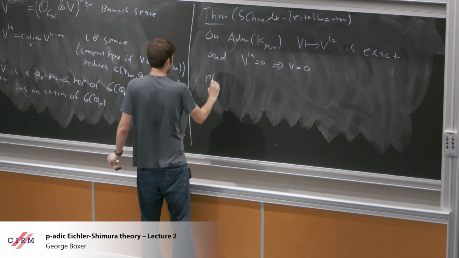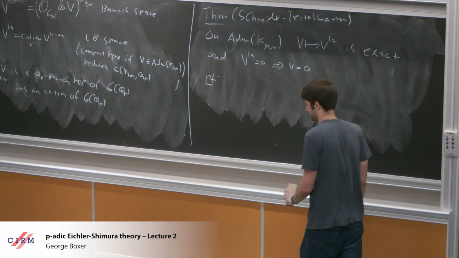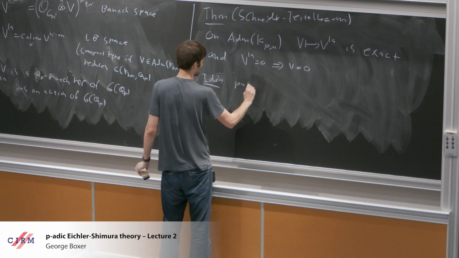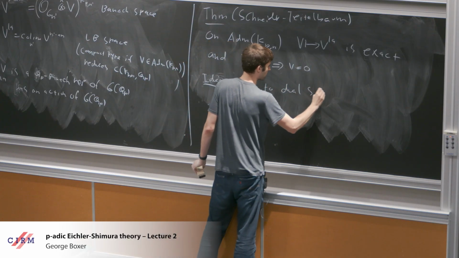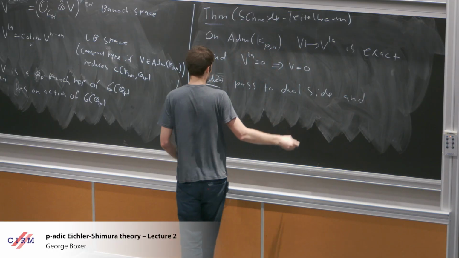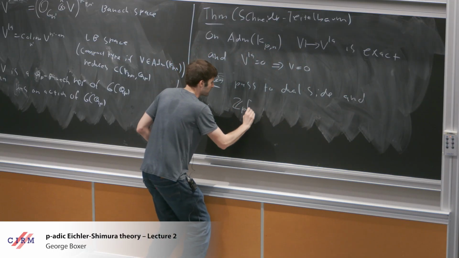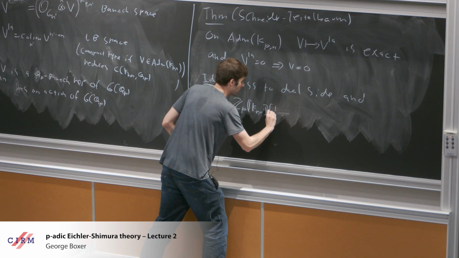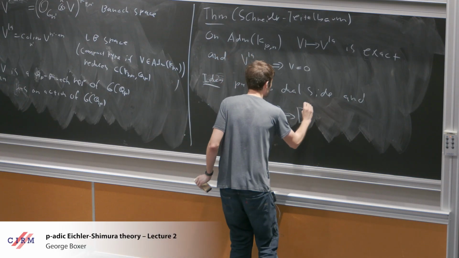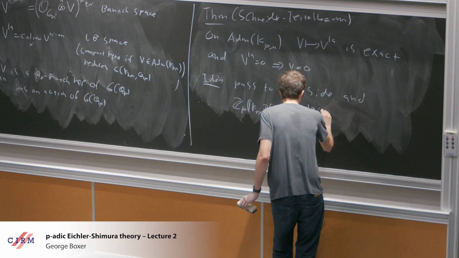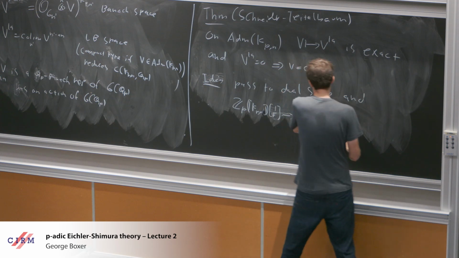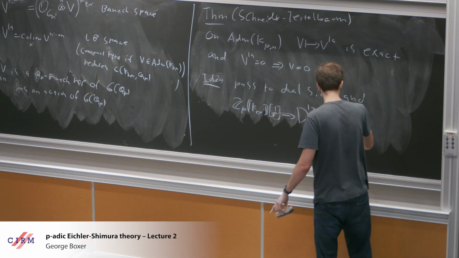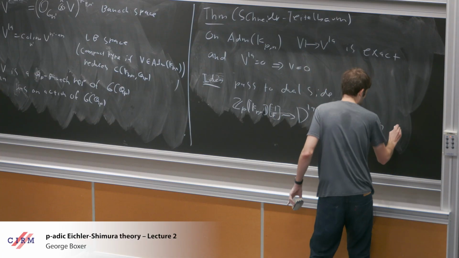But the idea is that you pass to the dual side, and you use that this map from measures to locally analytic distributions, well, I only define this for Zp, but the definition is exactly the same for any compact p-adic manifold, is faithfully flat.